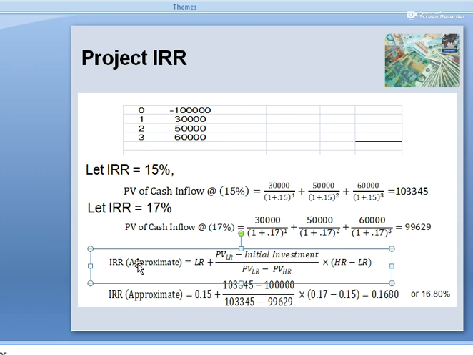Here LR is the lower rate, between 15% and 17%. Among these, the lower rate is obviously 15%.